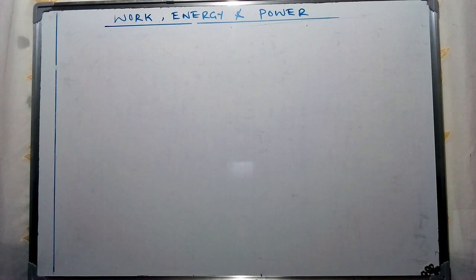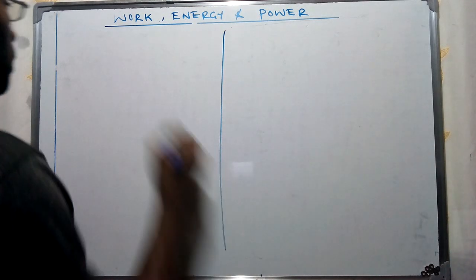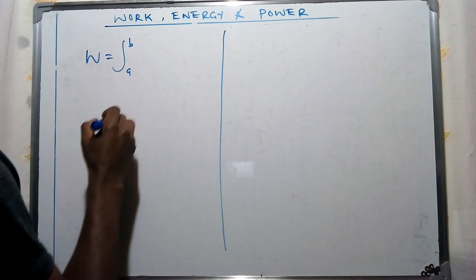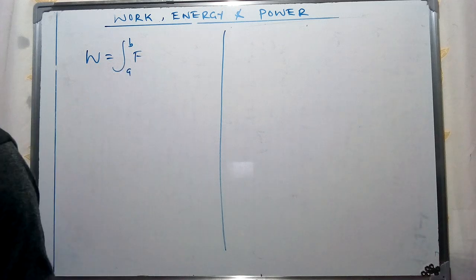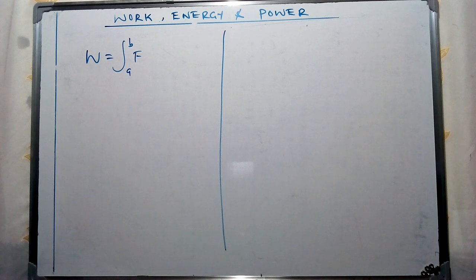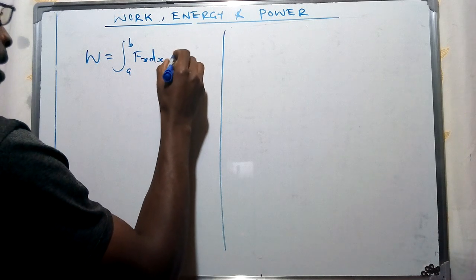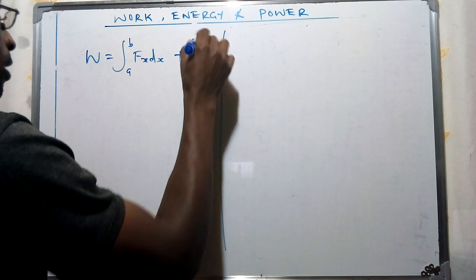Now, in my previous discussion, I basically defined the concept of work, which was the product of a force and, of course, the displacement in the direction of force. And we had two specific representations for work done for, of course, a non-accelerated motion of an object and an accelerated motion, whereby we have decided that we can represent the work done between A and B for a non-accelerated motion given in terms of this specific representation, whereby we're going to have this one given in terms of the integral of this force element in the F and, of course, direction, and of course in the Y direction given as that.